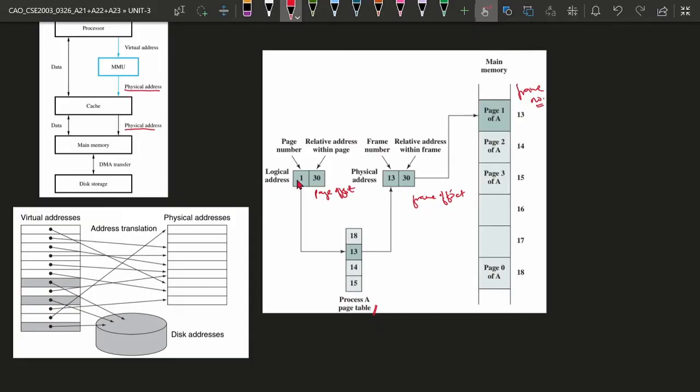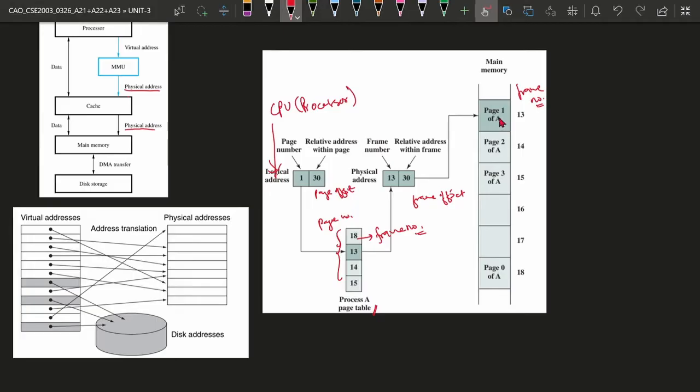In that, the logical address will be generated by the CPU. The CPU or the processor will be generating this logical address. With respect to this logical address, this will be the page number. Inside this page table, these are the page numbers, and each page number will contain a frame number.